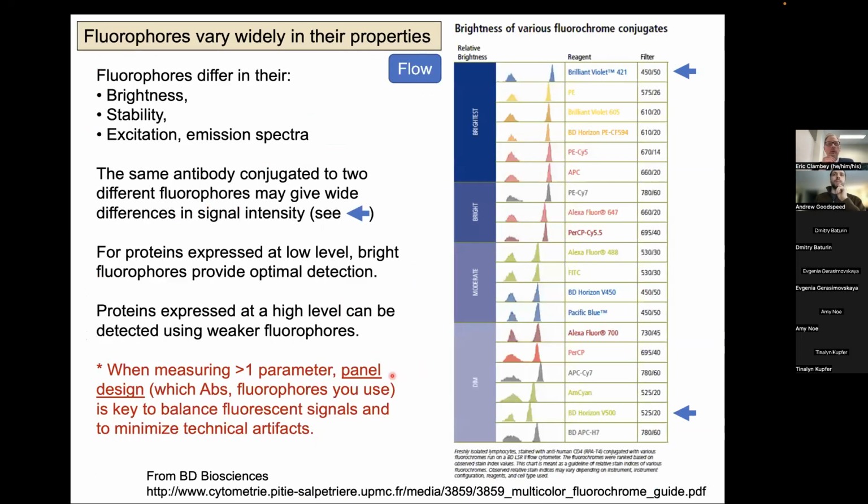It's also worth noting that for flow cytometry, the fluorophore that you use can profoundly influence the result. Fluorophores differ in terms of their brightness, stability, what laser they're excited by or are not excited by, and the resulting light released from that fluorophore.